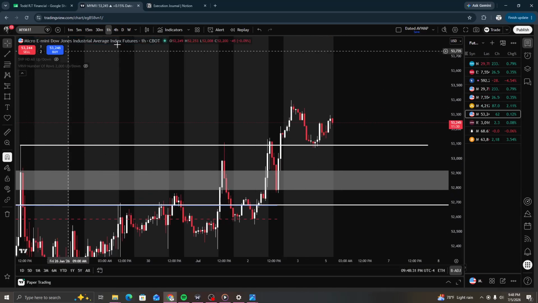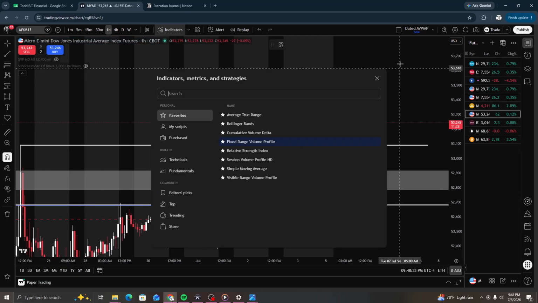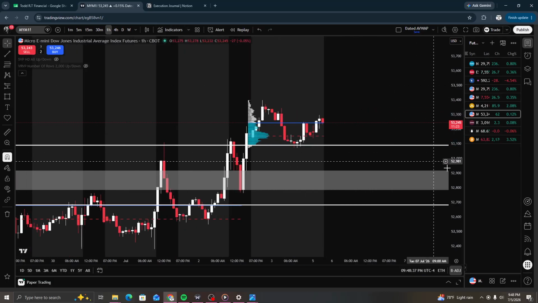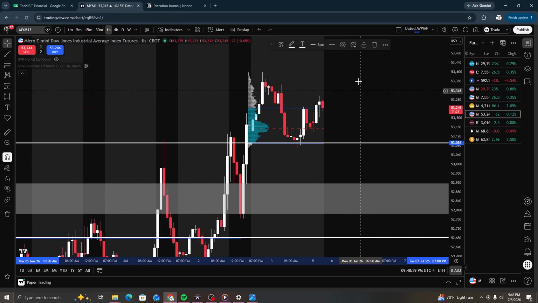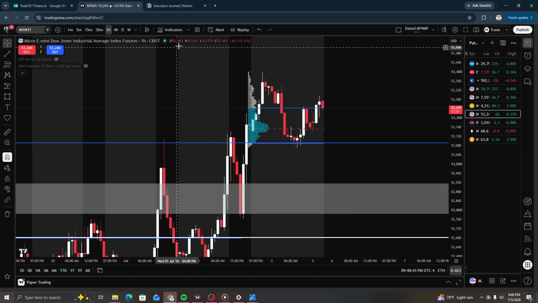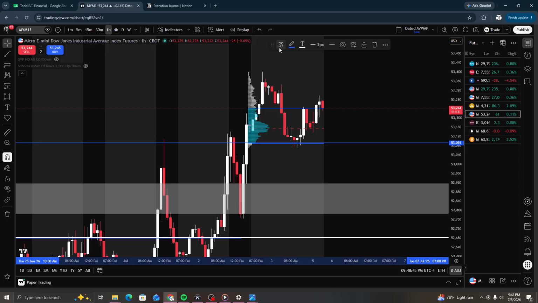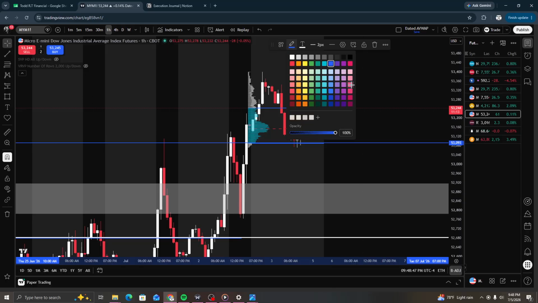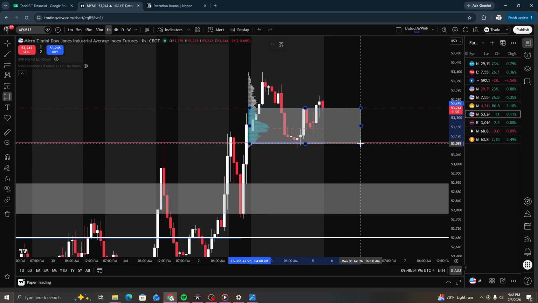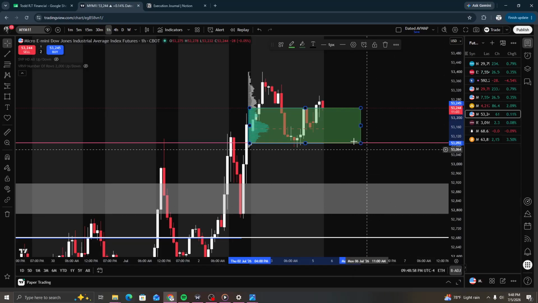See, what I don't want to do is measure this. Oh my God, it bleeds into my value area. I don't want to measure this and say that buyers have to step up here.